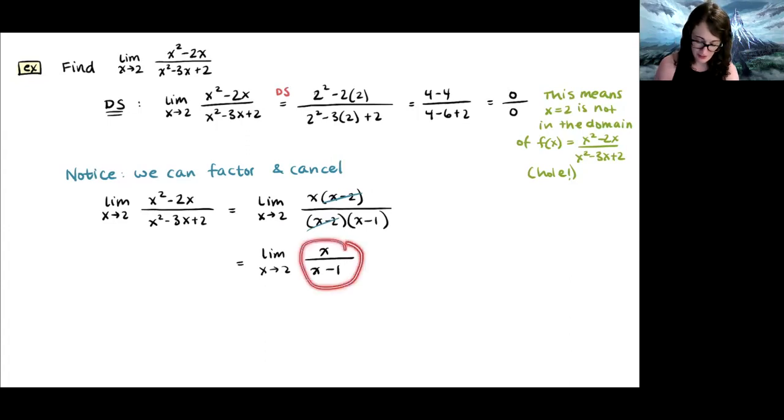They're only different though at x equals 2. This one you can't plug in x equals 2. This one you can. So because we're looking at the limit as x approaches 2 but never equals 2, this is okay to do. And notice that this new thing here is something that we can directly substitute into, and that's really nice.